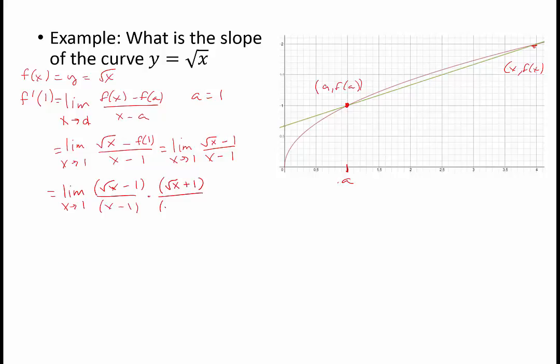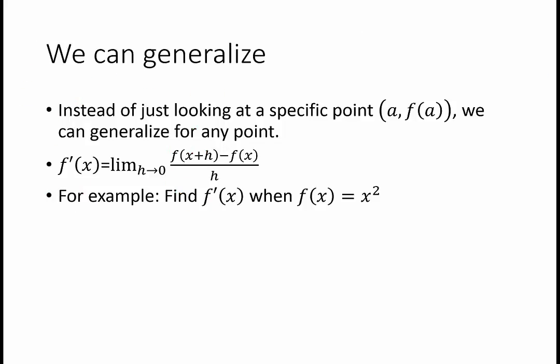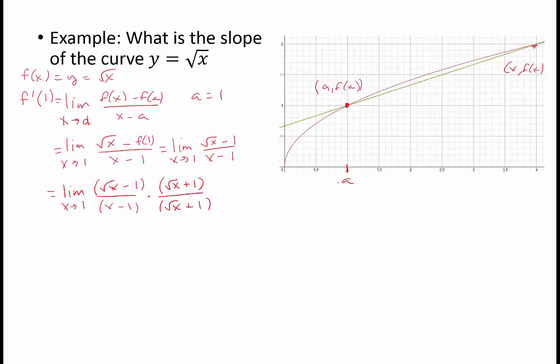And again, this is a technique that you may have seen in pre-calculus. Alright, now, what happens if I expand that top? Well, I get a difference of squares, and I get square root of x times square root of x, which is x, and I get plus square root of x minus square root of x, and a minus 1 at the back.